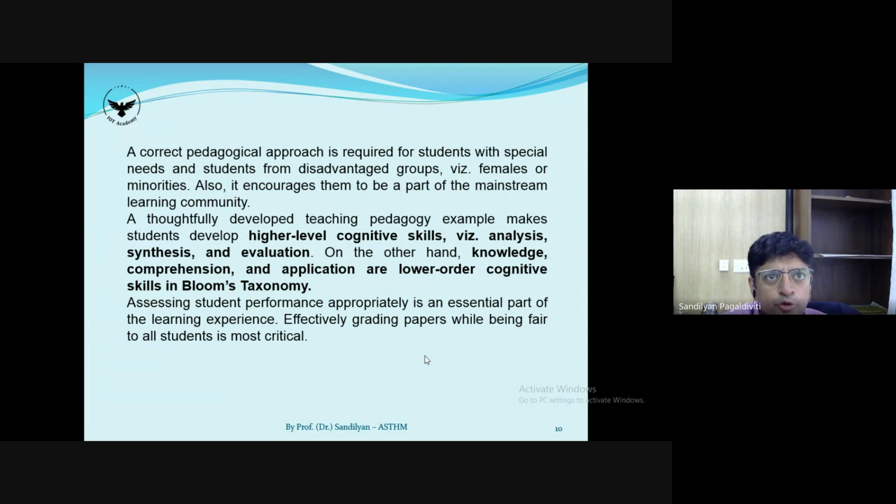And we need to focus on generating higher order thinking in higher education. The higher order thinking includes analyzing, evaluating, and creating new knowledge. It should not be limited to just listening, understanding, and application of skills.